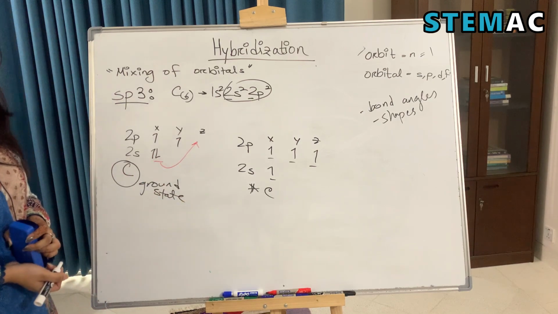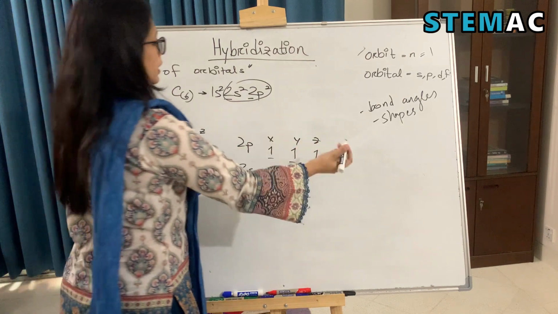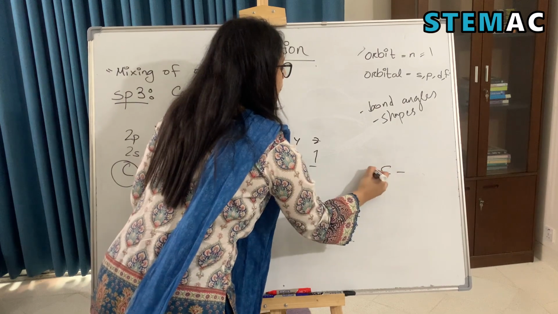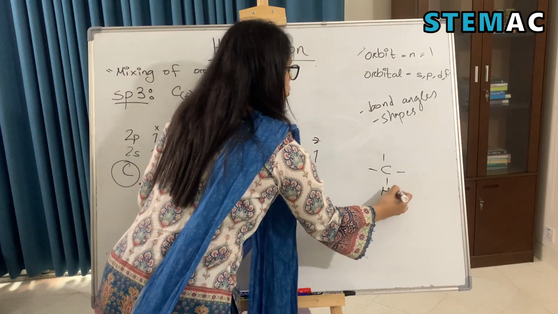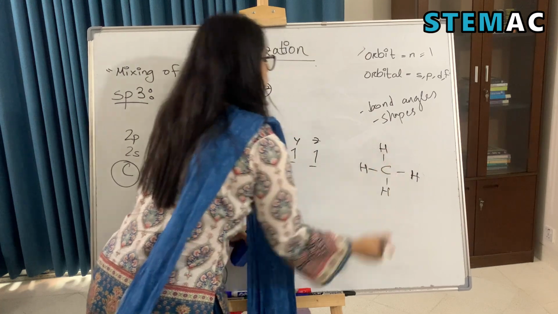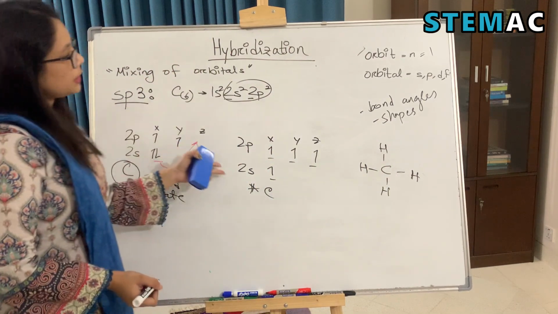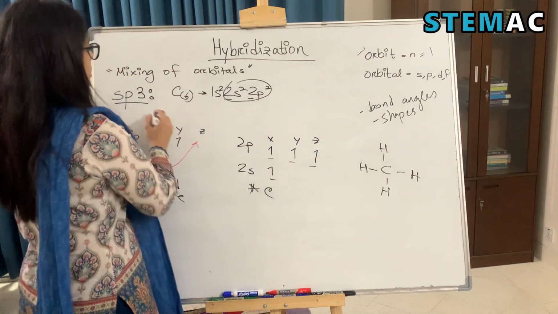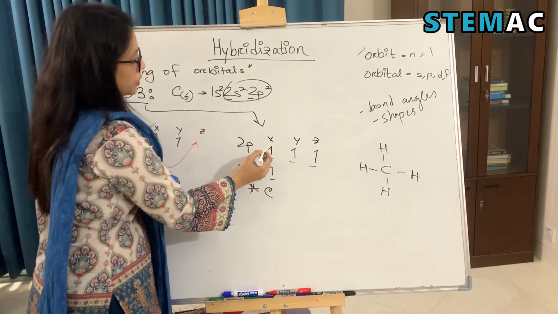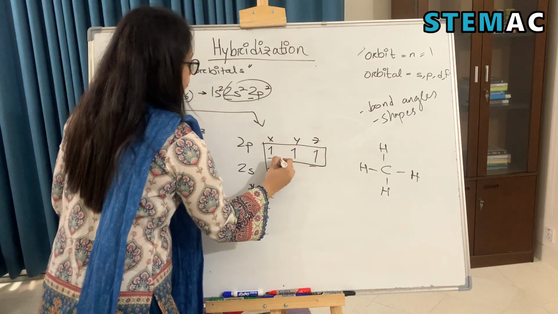So we will be taking a short example. For sp3, let's take an example of methane, where carbon is sharing 4 covalent bonds with 4 hydrogen atoms. So in here we see that since it's sp3, carbon would be forming bonds using its 1s and 3p orbitals.